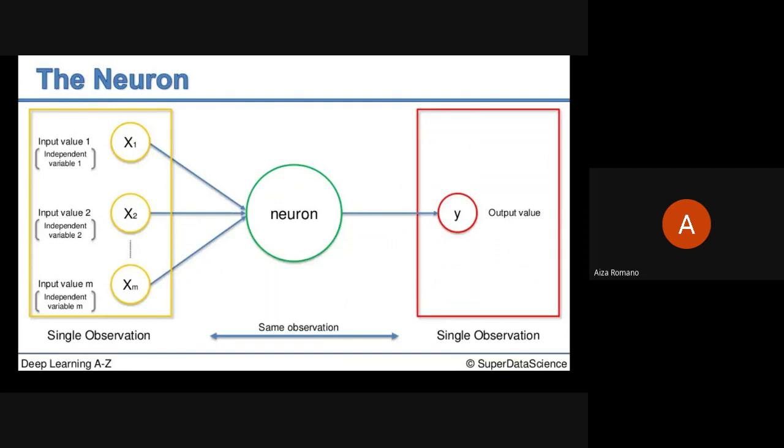If you want to simplify the complexity, think of it as like a simple linear regression or a multivariate linear regression. So you're putting in your values and then you have your output. We're just putting in values and then we're getting an output.